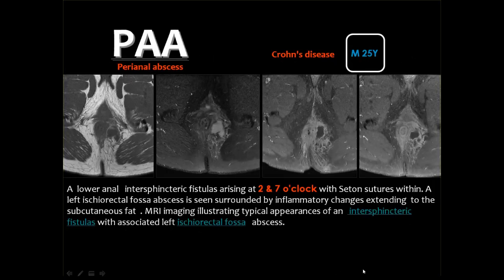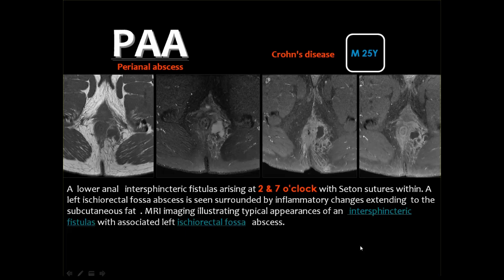Then here you see also another abscess, which is the result of an intersphincteric fistula arising at 2 and 7 o'clock. Actually, here you may have some difficulty identifying the site of the openings, but if you look carefully here you see these two very small black dots. They represent a tube, and this tube is known as a Seton tube.